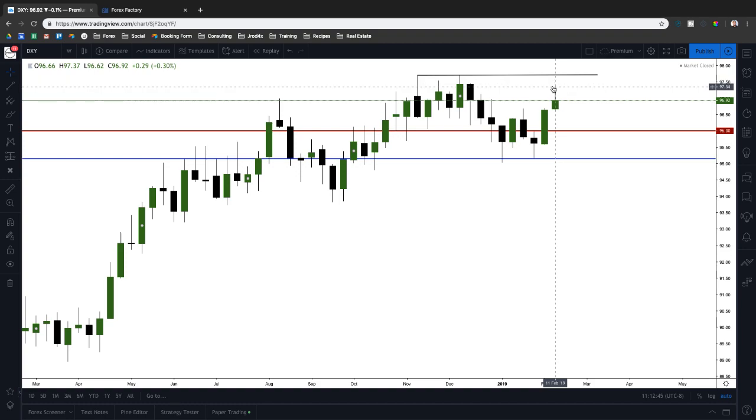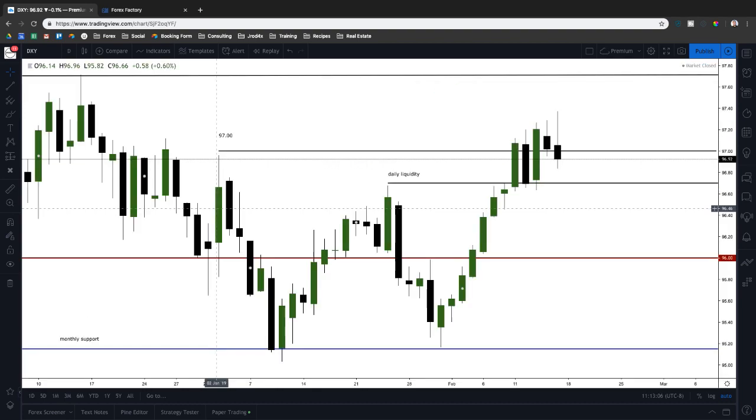But longer term, I would say dollar index is more than likely reaching for this 97.70 level. Now, if it gets below 95.20 down here, then that's going to change. Then it's more than likely going to be reaching for the lows down here at 93.80, with a potential continuation down to 93.20.